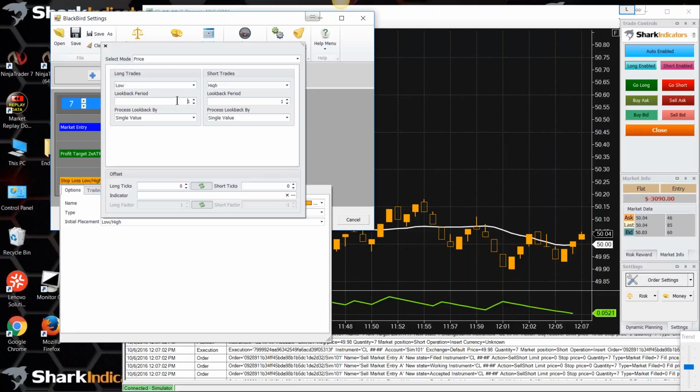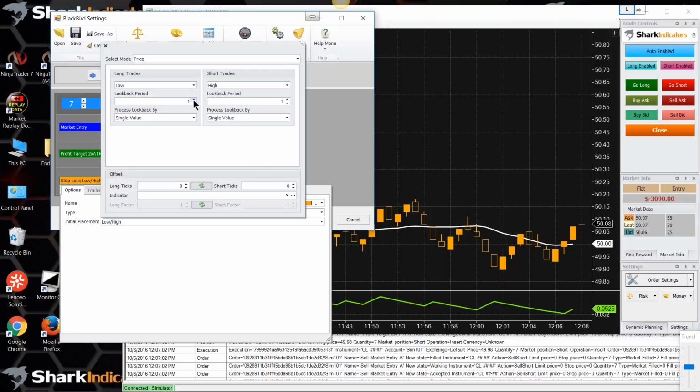So let's say you wanted to use the low prices, but you wanted it to be a little more flexible. Let's say you wanted to use the lowest low of the last 3 bars. So again, you could use the low price, set your look back to 3, and then use the minimum value.